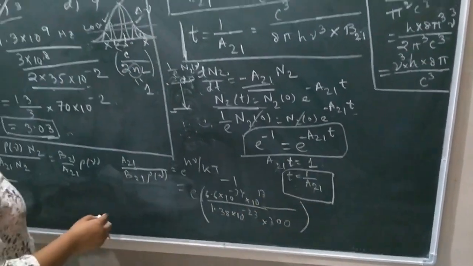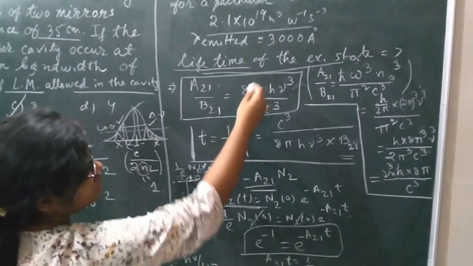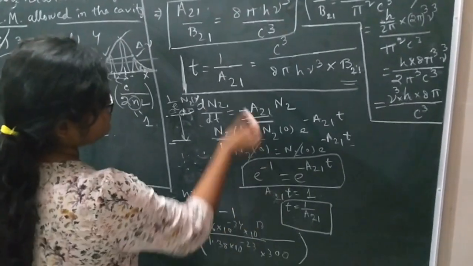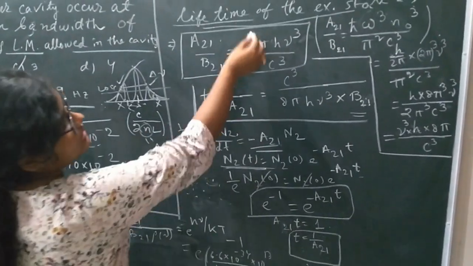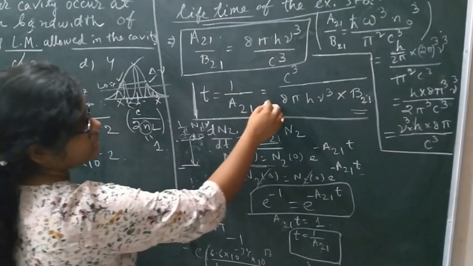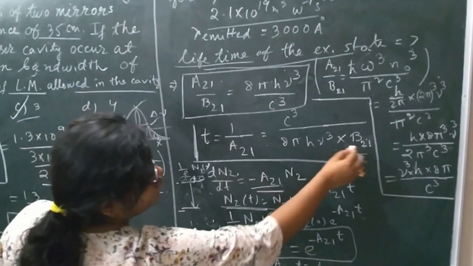So B21 is given, and you have to find out A21 first, and from A21 you can find T, the lifetime. Or you can directly write that T = 1/A21 = c cubed divided by 8 pi h nu cubed times B21.